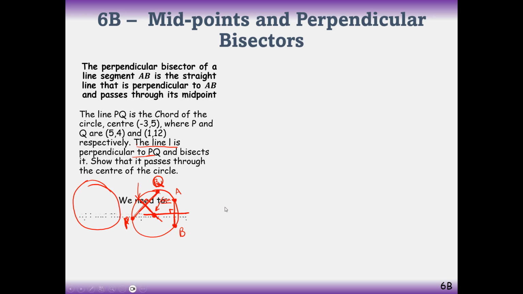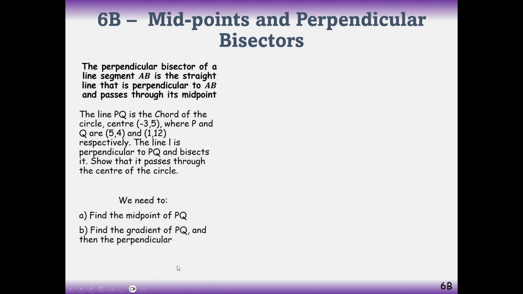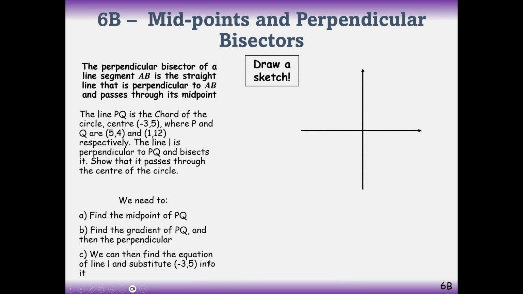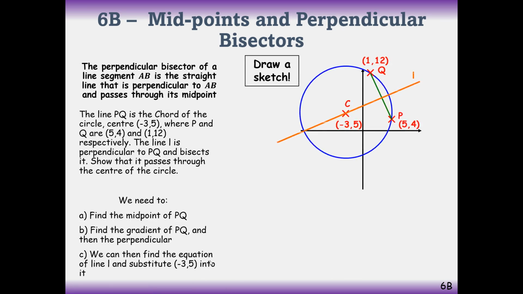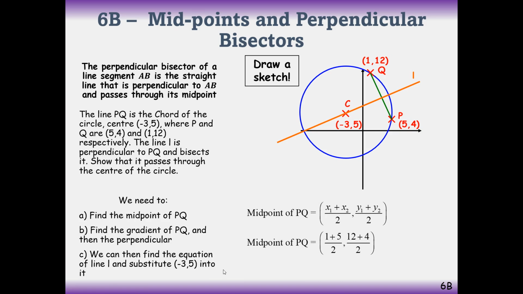Alright, so once again, we're going to go through the same steps that we did in the last example. Find the midpoint, find the gradient, take the perpendicular gradient and substitute the midpoint and the perpendicular gradient into the equation of a straight line to figure out what's the equation of line L. So midpoint, taking the coordinates of PQ tells us the midpoint of PQ is 3, 8.